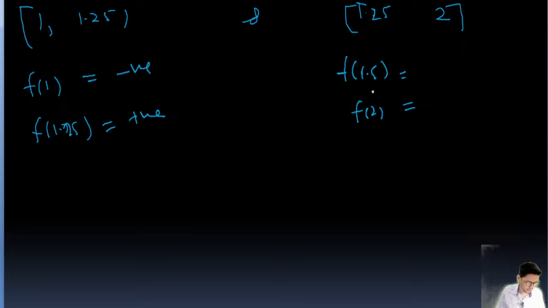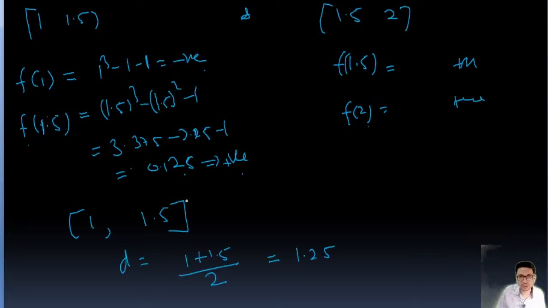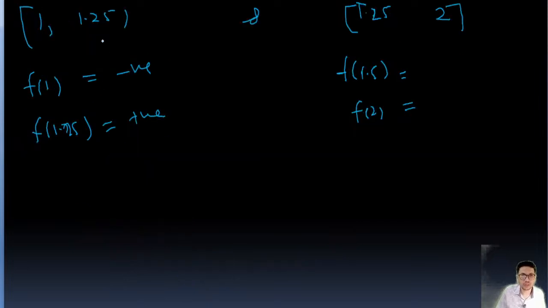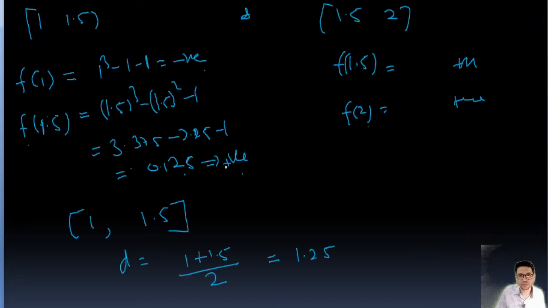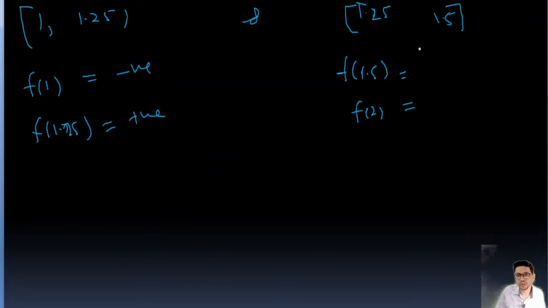Have you made any mistake? Yes, we have made a mistake. So this will be between 1 and 1.25, and this is 1.5. So this value 1.25 is negative, and this value is positive, guys.